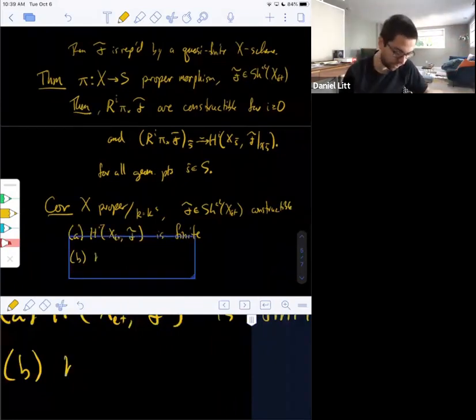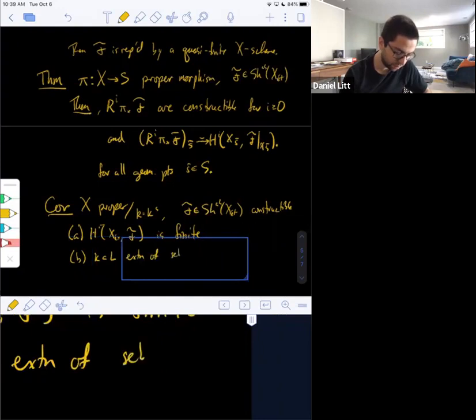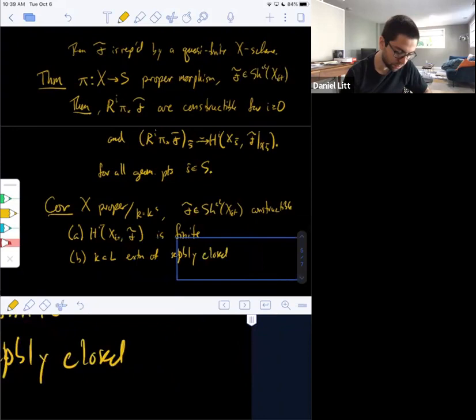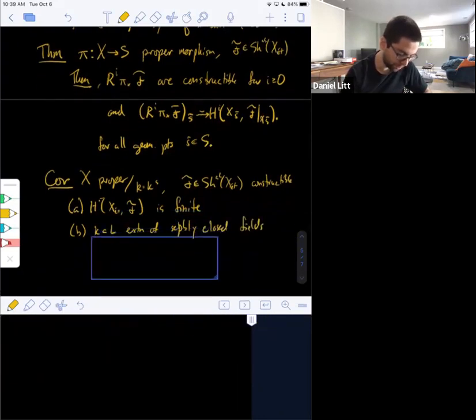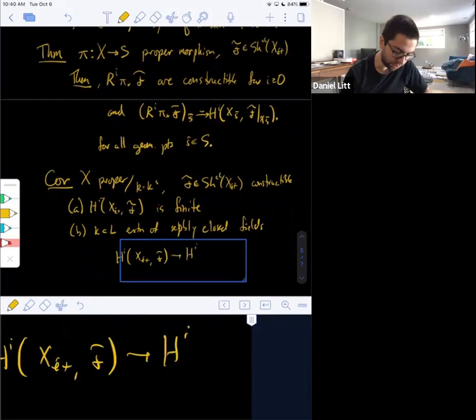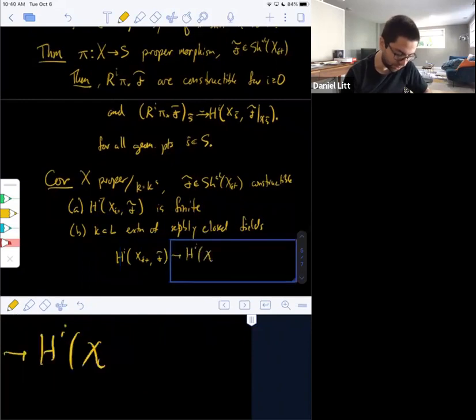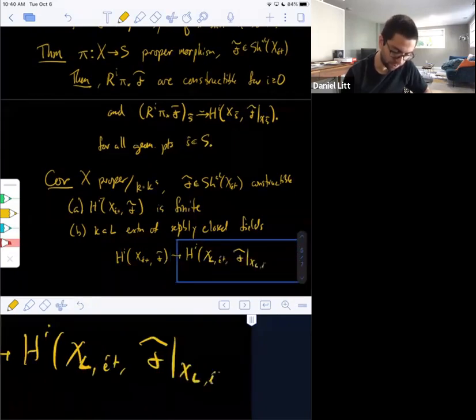So if K inside of L is an extension of separably closed fields, then there's a natural map, H^i of X étale with coefficients in F, to H^i of X base changed to L, étale, with coefficients in F base changed to X_L étale.